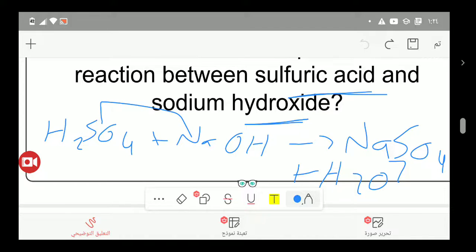By balancing the equation, we write 2NaOH, Na2SO4 with 1 sulfur and 4 oxygen, and 2H2O.